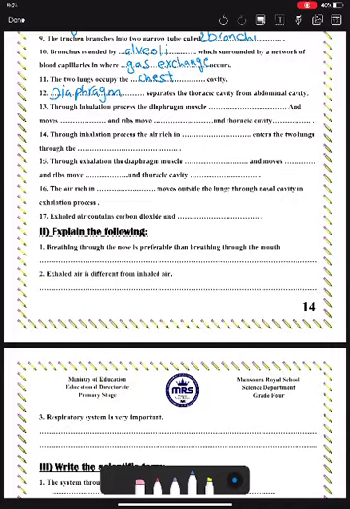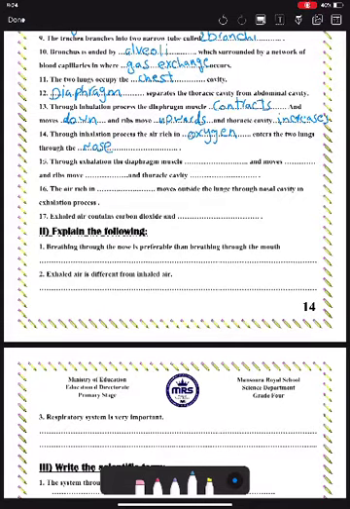Through the inhalation process, the diaphragm muscle contracts and moves down, and ribs move upwards. The thoracic cavity increases. Through the inhalation process, the air rich in oxygen enters the two lungs through the nose.